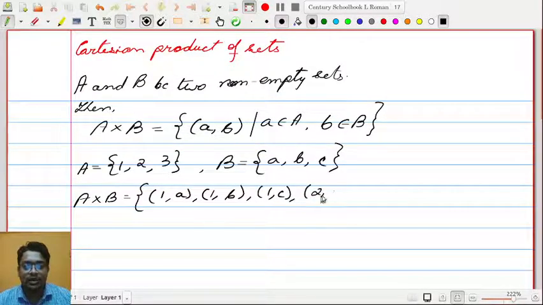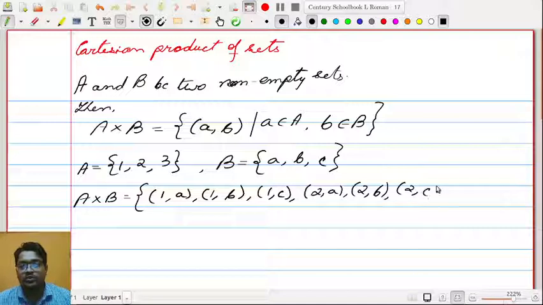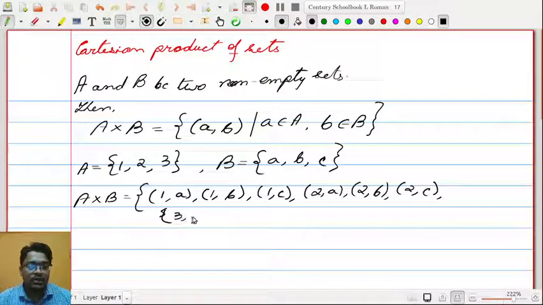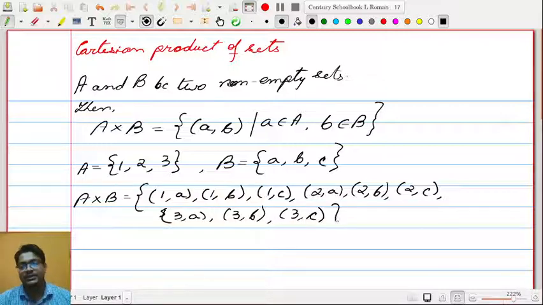Then 2 will be paired with a, b and c. Similarly, 3 will be paired with a, b and c. So the Cartesian product A cross B will contain exactly these elements.